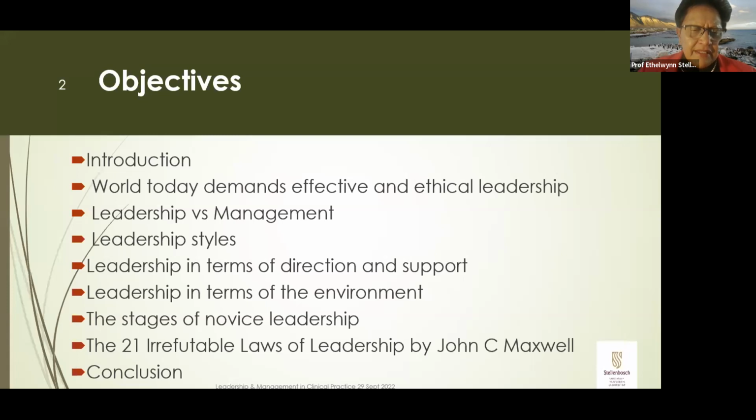Then the leadership styles, leadership in terms of direction and support, leadership in terms of the environment, and the stages of novice leadership, because we are always encountered with new people. And then I'd like to share with you the 21 Irrefutable Laws of Leadership by John C. Maxwell. Perhaps many of you have heard about him, and also perhaps even those laws of leadership. I think these laws we can't do without, because if you apply them, you're certainly going to be a successful leader.